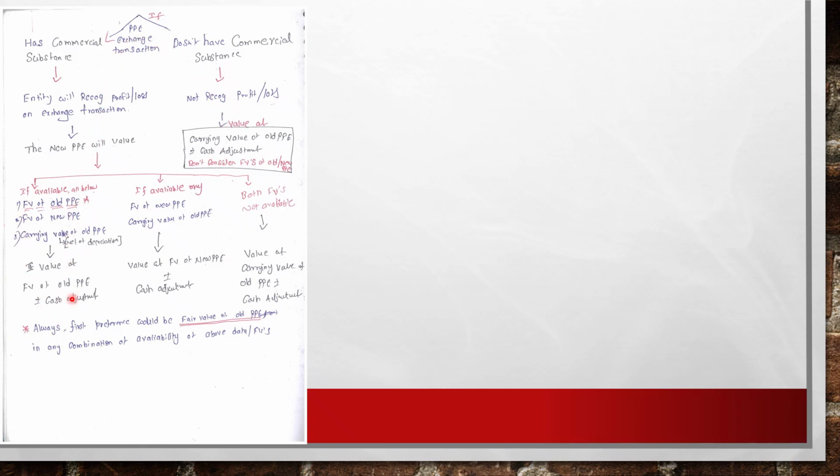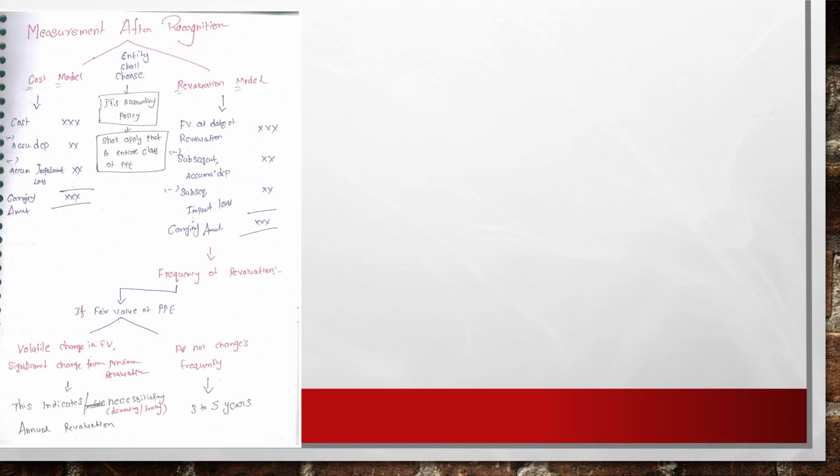Suppose what are the fair values and all that is involved in this, and after that we can start the measurement after recognition. After recognition, how should we measure?